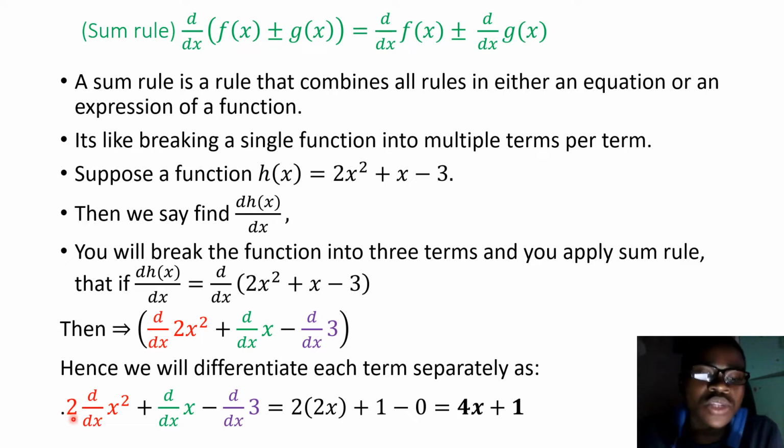When we bring the 2 that we lost earlier, we put it inside, it will give us 4x. Then 1 is the derivative of x with respect to x. Like we said, the derivative of x with respect to x will always be 1. The derivative of t with respect to t will always be 1. So the derivative of a constant, which is 3, will always be 0. And it's simplified to 4x plus 1.